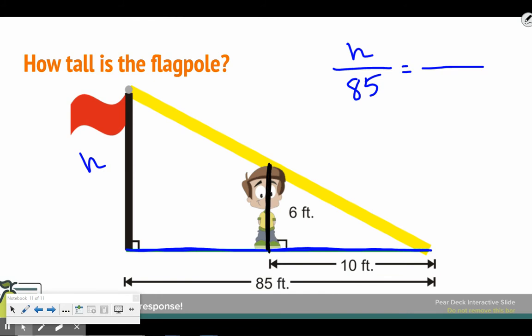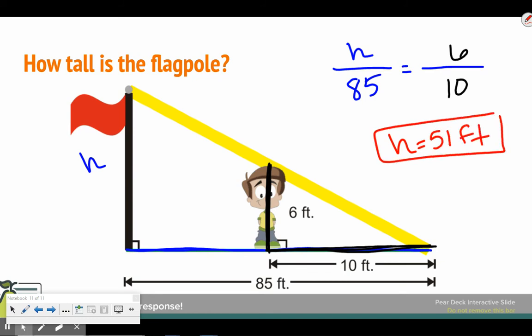Let's say we are 6 feet tall, nice and tall, and our shadow is about 10 feet. Again, we can do our cross multiplication, 85 times 6, and then divide by 10. So the height of our flagpole is about 51 feet tall, a lot taller than our tree was in the last example.